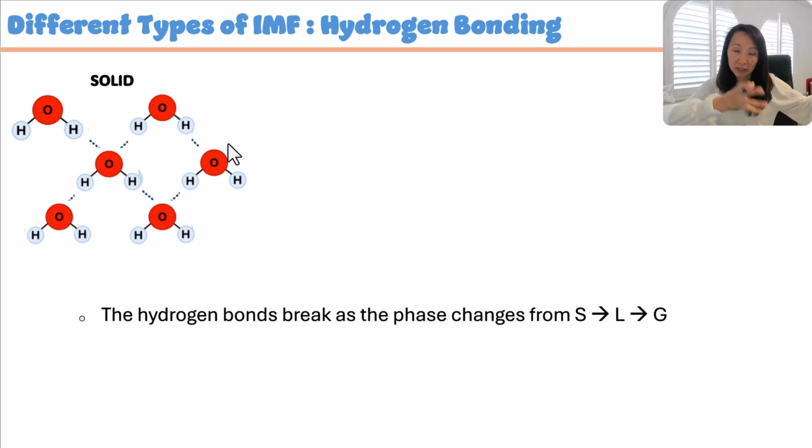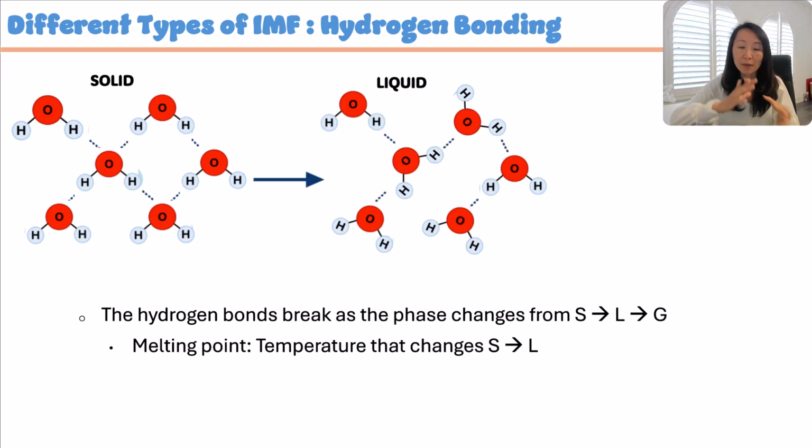Think of ice melting into water, liquid, and there is a breakage of some of the hydrogen bonds because there's a lot of flexibility and movement of the water. That point in which the temperature is set to melt, we call that a melting point, where it changes from solid to liquid.